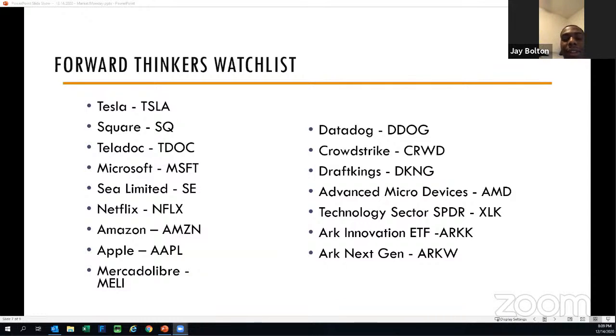CrowdStrike is a leader in the field, as well as Datadog, which I think might be like $95, $96. So you guys can definitely put up $100 and at least buy one share of something to get your rolling forward started that way. Then you might buy one share this quarter, and another share in March.